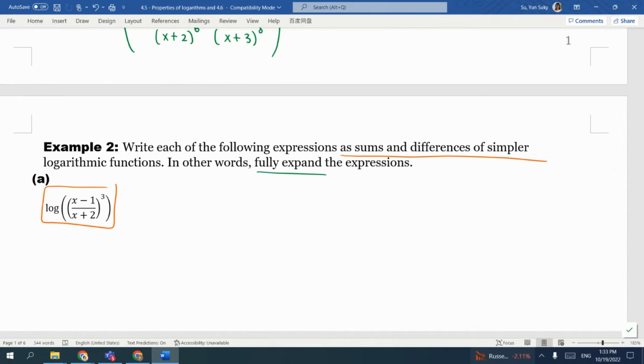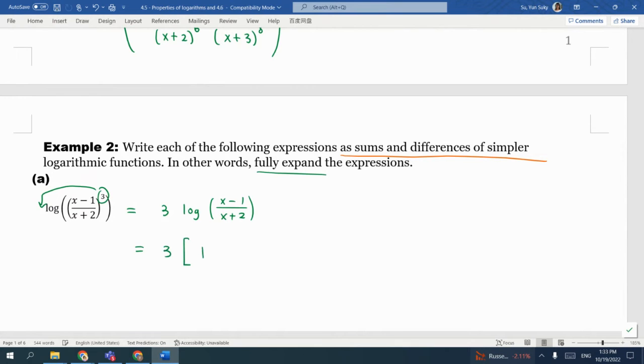We don't want to see a product of two factors or a quotient of two factors, right? Okay, first thing we do here. Do you see we have the power? What do we do to the power? Move in front. So this is 3 log of (x minus 1)/(x plus 2), right?